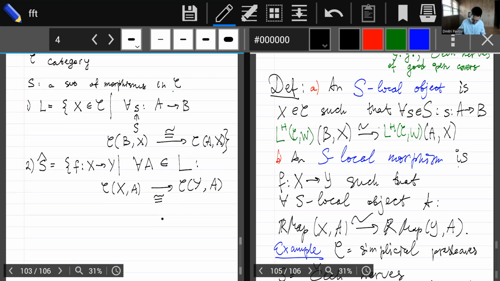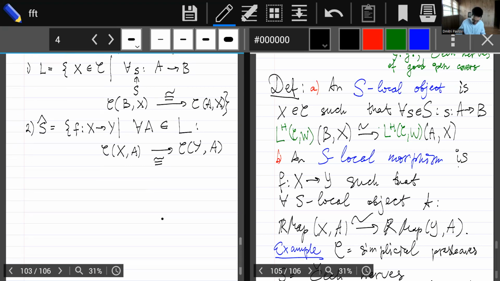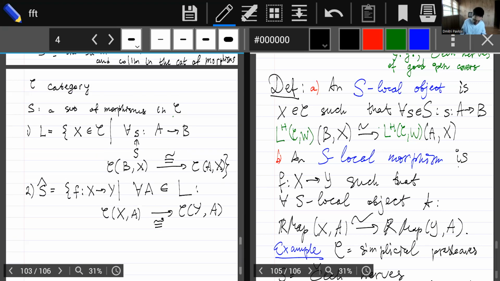And now, with these two definitions, we can state, well, okay, strictly speaking, I should say maybe some mild restriction like a locally presentable category. If you don't know what this means, just think of a category that has all colimits.